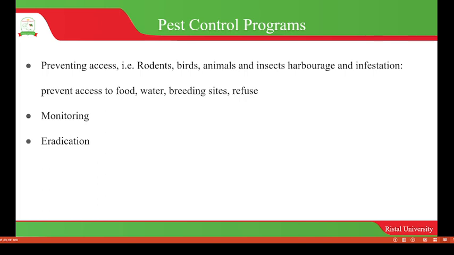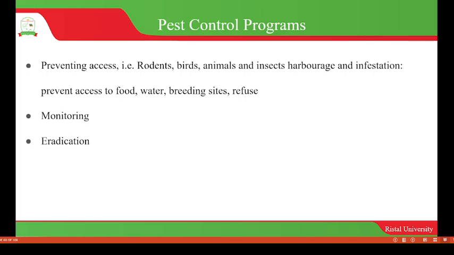We can also prevent rodents, birds, animals and insects by preventing their access to food, water, breeding sites, and refuse. We should not let these come into contact with our foods. Then we can ensure there is monitoring and eradication of the pests.